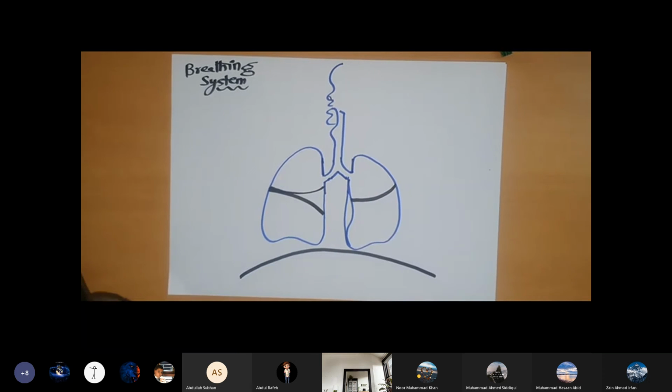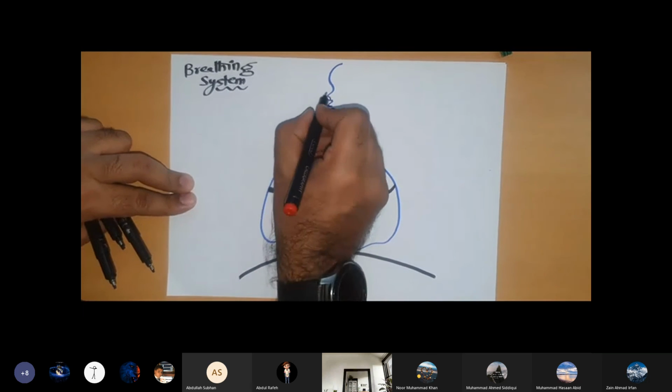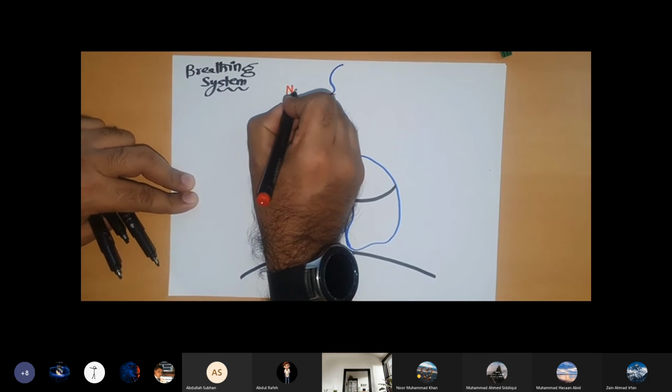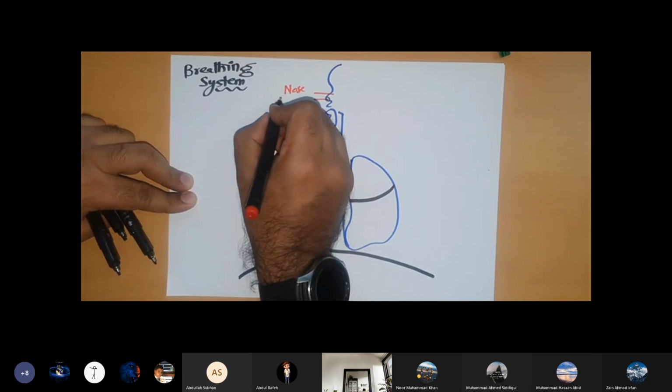Now let's label the diagram and draw further structures while labeling the diagram. Now, this is the nose in the breathing system, and this one is the nostril.